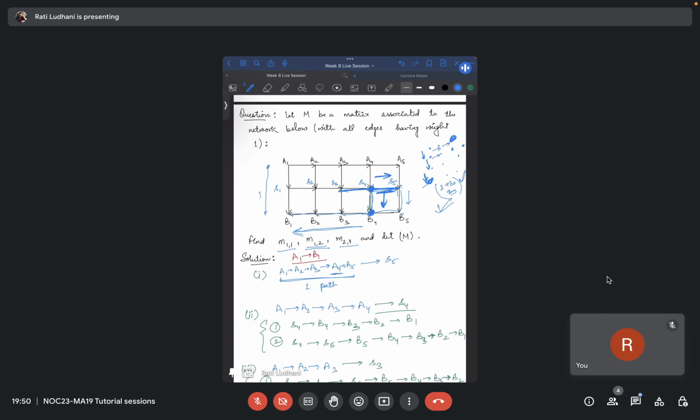Now again, if you are at a2 and you want to reach b2, then there is one path definitely. But if you choose any other path, then again you have to cross some of the other ai or bi, right? So at each step there is only one path from ai to bi.